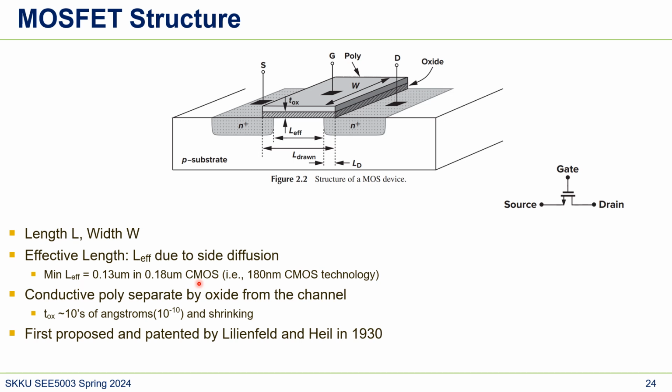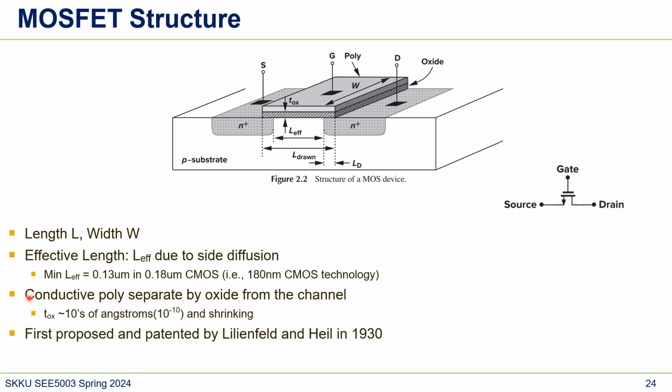For example, Apple M3 is made in 3 nanometer CMOS. So if the number in front of CMOS is smaller, that means more advanced technology because it's smaller. But anyway, 180 nanometer is a technology that a lot of low-power circuit designers in research really like to use because it's cheap and consumes really low power. But this is just a side story.